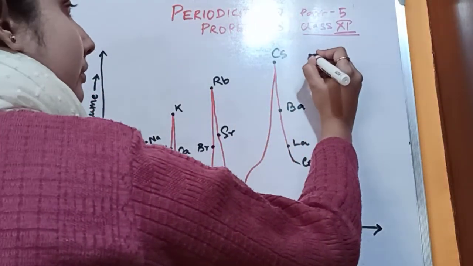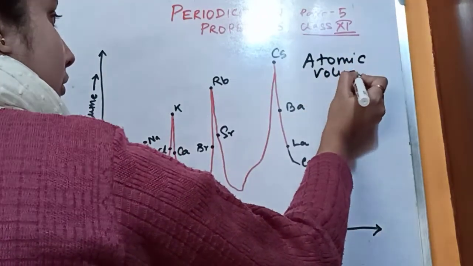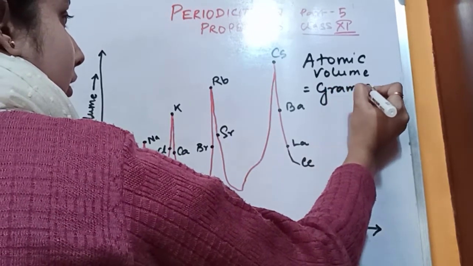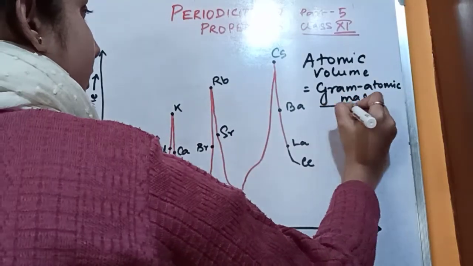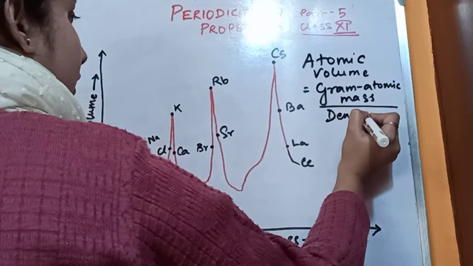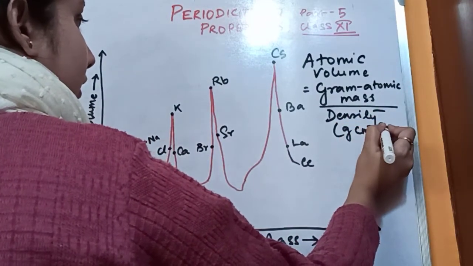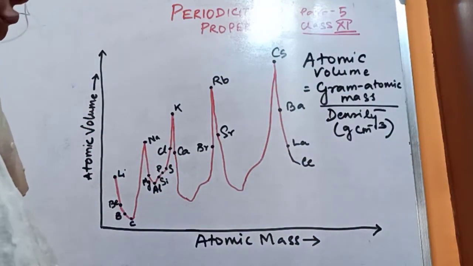Atomic volume is represented as gram atomic mass divided by density in gram per centimeter cube. So this is the atomic volume.